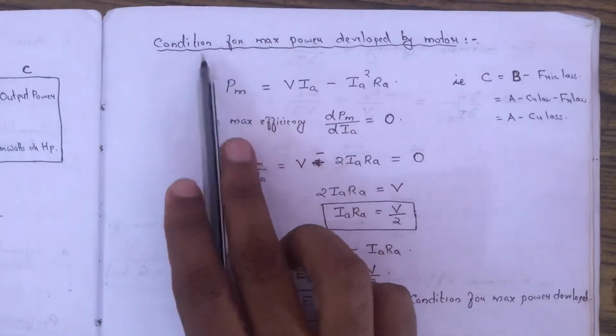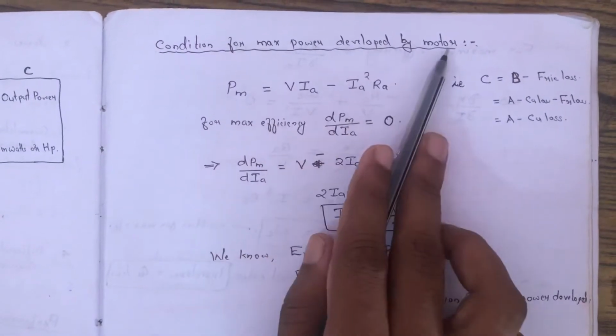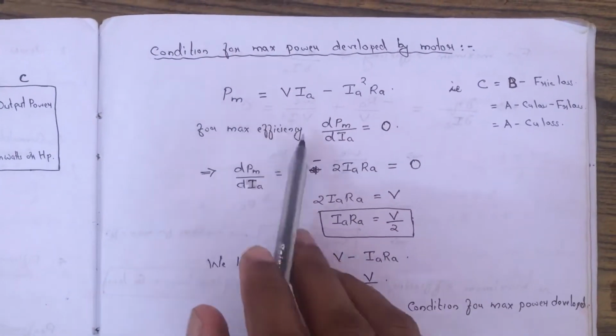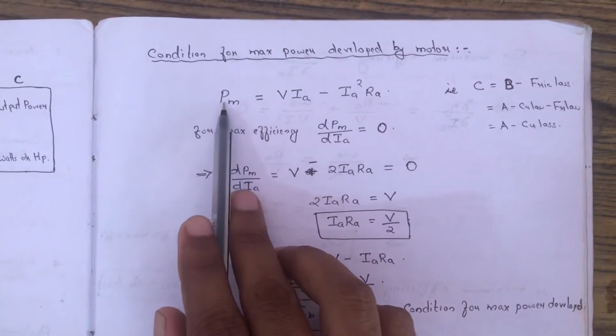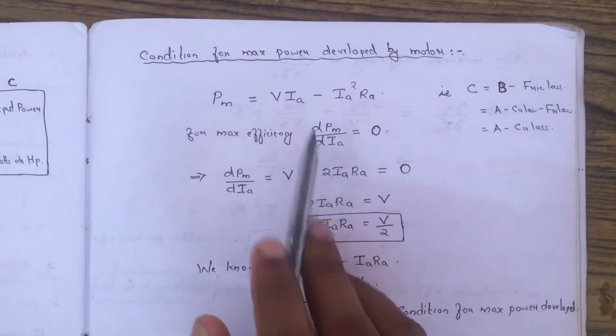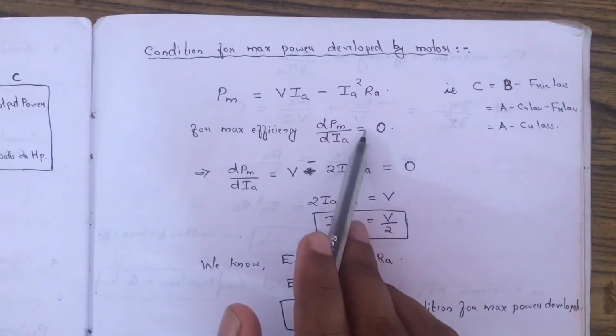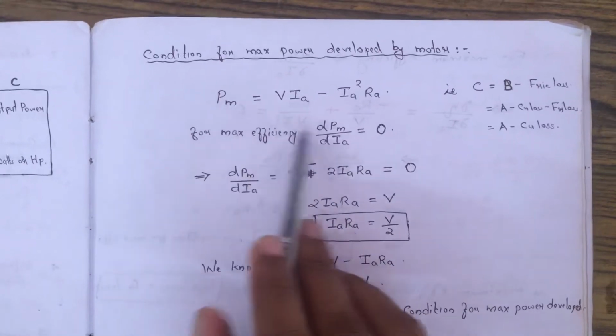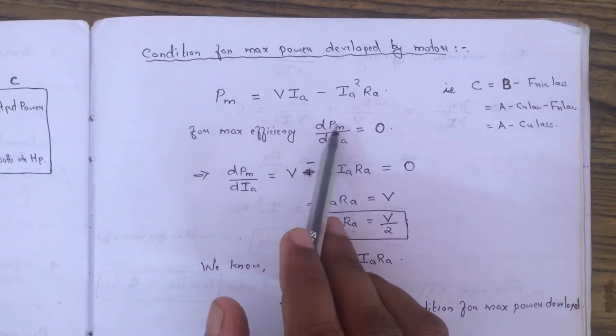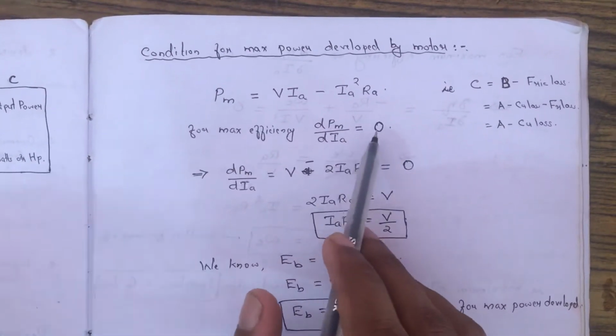We have to derive the condition for maximum power developed in the machine. For maximum power, we differentiate this power equation with respect to IA and equate it to 0. Therefore dPm by dIA is equal to 0.